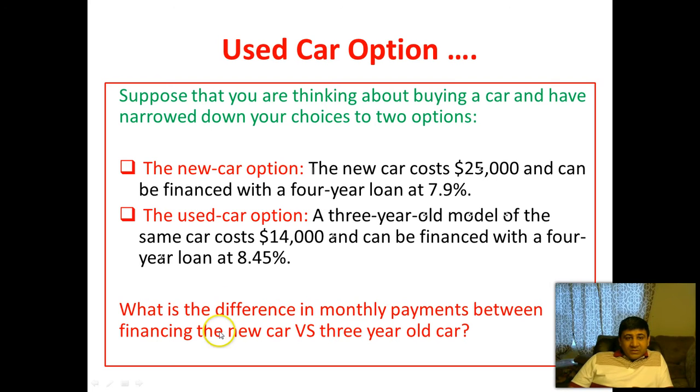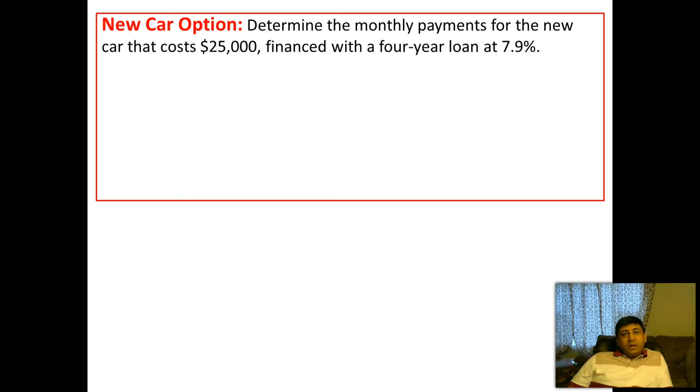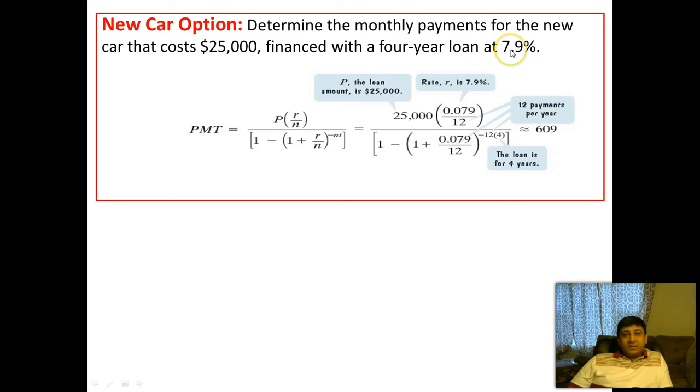Okay, so this is our question: what is the difference in monthly payments between financing a new versus a 3-year-old car? Let's look at a new car option. We want to find the monthly payments for a new car that costs $25,000, with a 4-year loan at 7.9%.